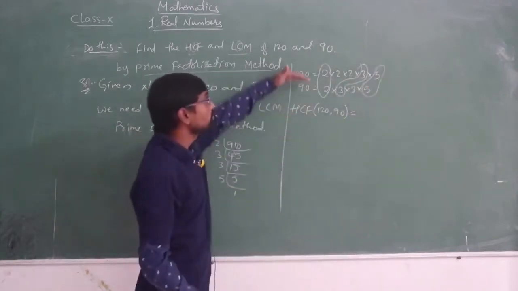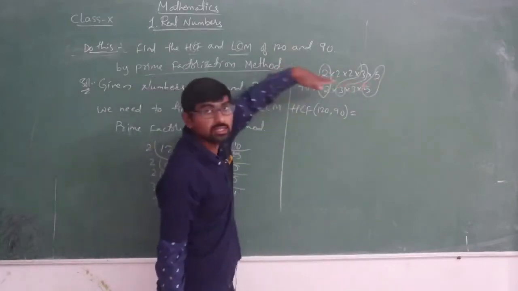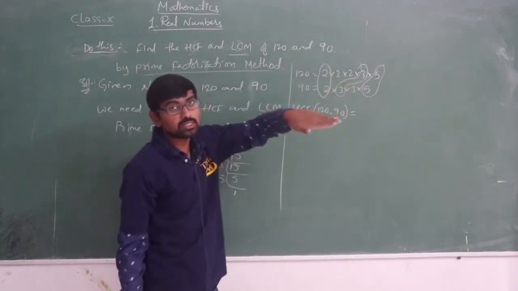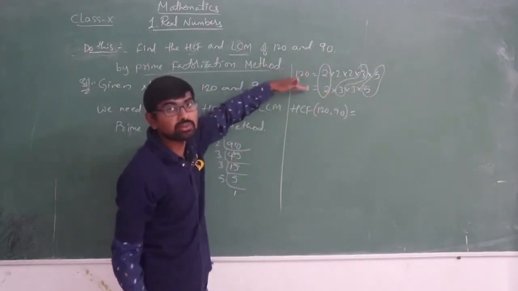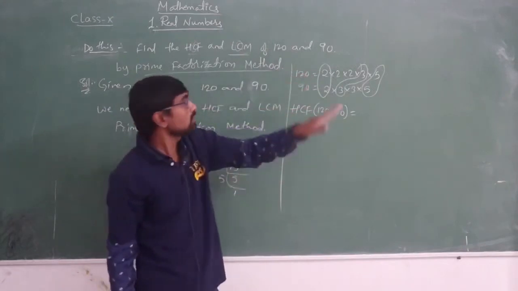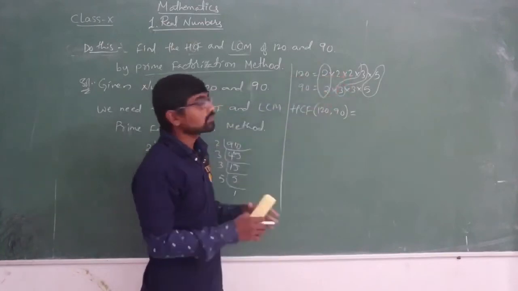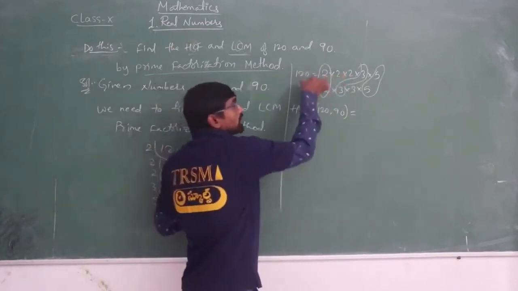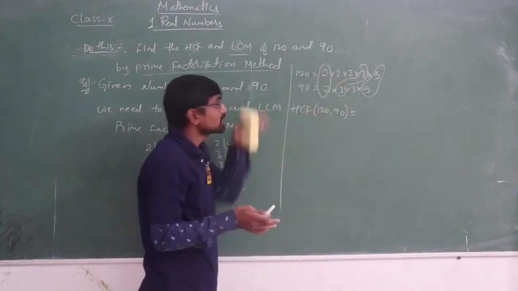The common factors should be present separately in both the numbers. We don't check horizontally, we have to check vertically. We have to check the prime factors of 2 different numbers, not the same number.